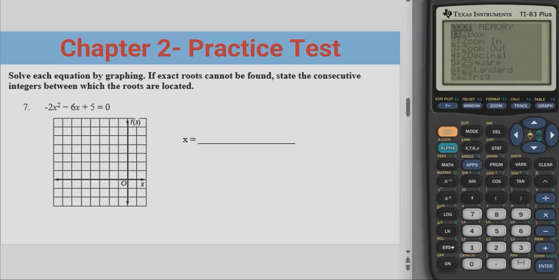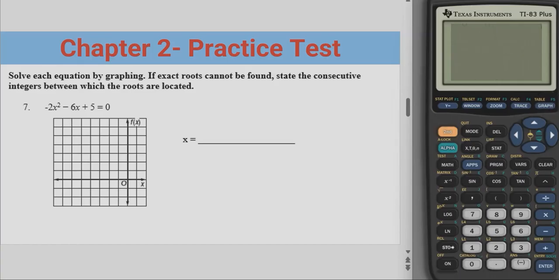So zoom 6 gives me that original 10 by 10 graph that I'm used to. So I see that I have that maximum value there, but all I'm really asked to do is find those roots where it crosses the x-axis. I see on the graph, though, that they are not going to be integers, right? It's not going to be a nice friendly number. It's going to be a decimal.